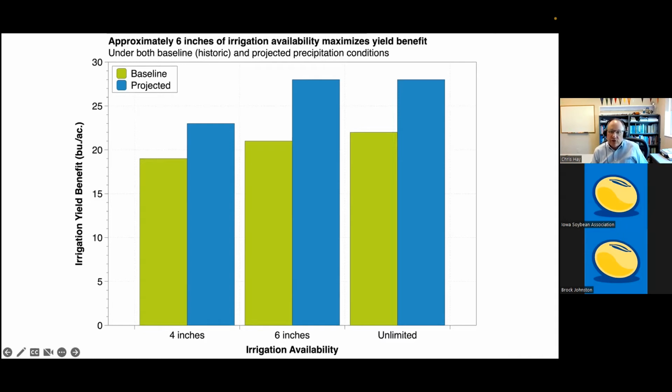But once we got to 6 inches of water, we really didn't see much of a difference between that and an unlimited water supply. So something around 6 inches of water is really probably going to be the sweet spot to maximize the yield benefit of a drainage water recycling system. But even if we can't get to 6 inches of storage, 4 inches of storage is still a pretty sizable benefit.